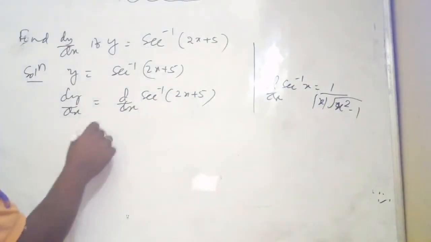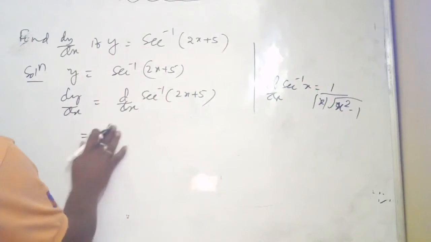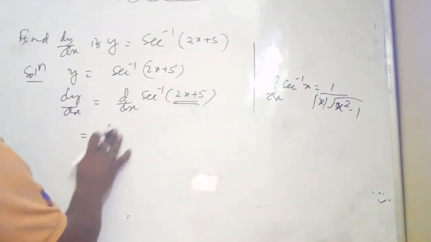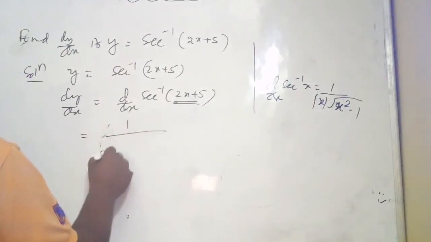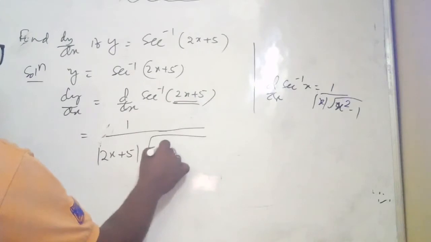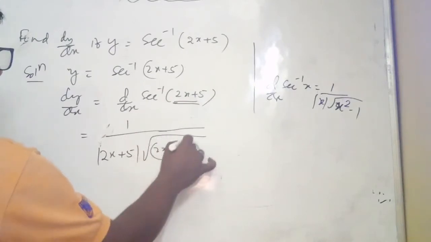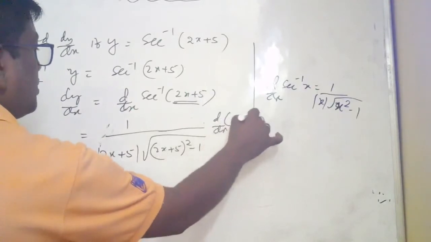So considering 2x plus 5 as x, 1 by mod 2x plus 5 into root over 2x plus 5 whole squared minus 1, into d by dx of 2x plus 5.